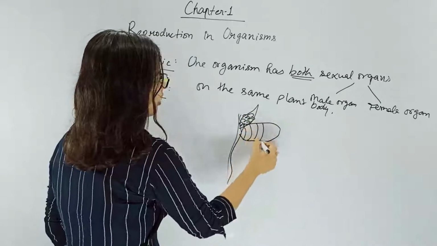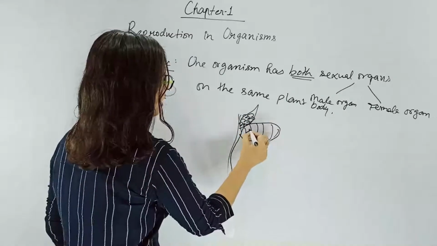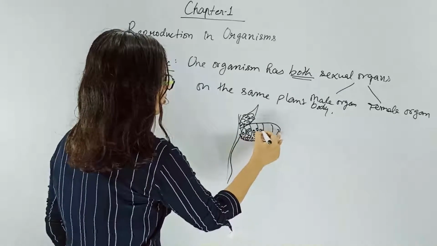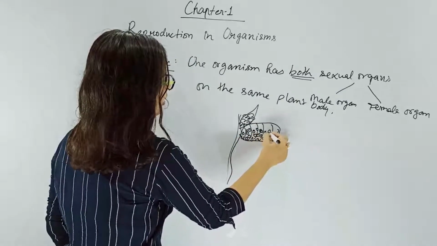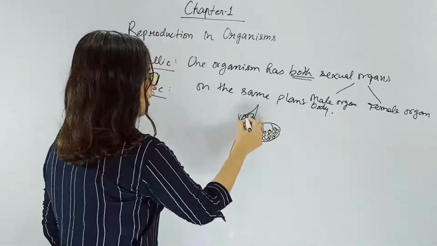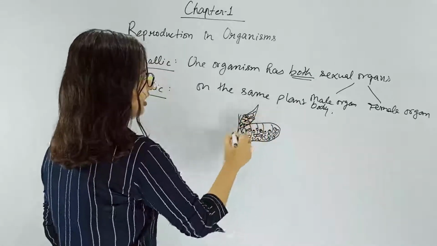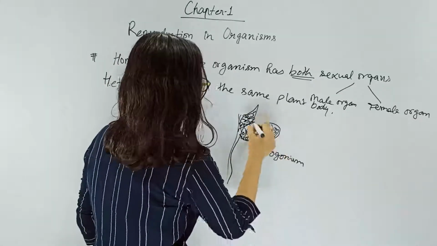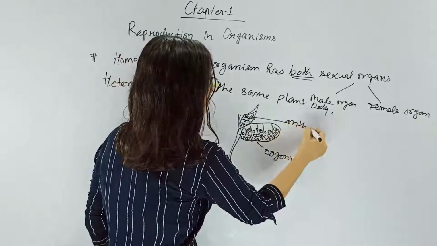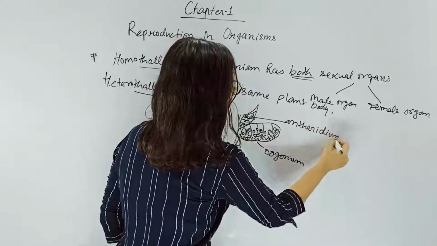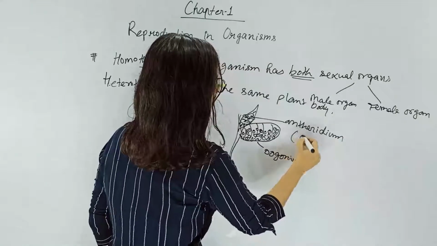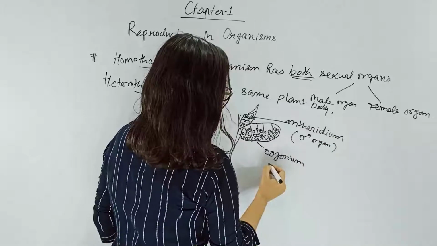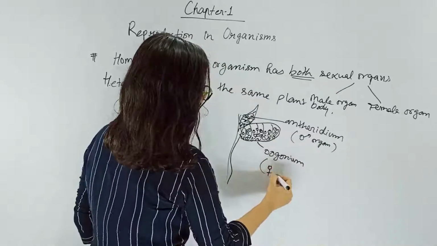This is the oogonia. Inside oogonia there will be the egg or the female gamete. This is oogonium, this is antheridium. Antheridium is the male reproductive organ, oogonium is the female reproductive organ.